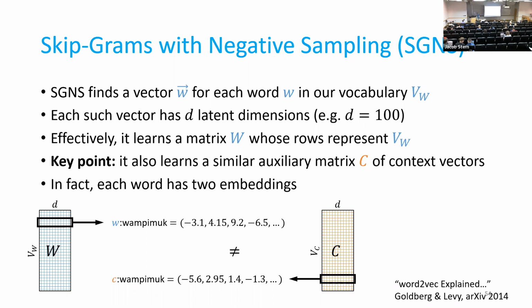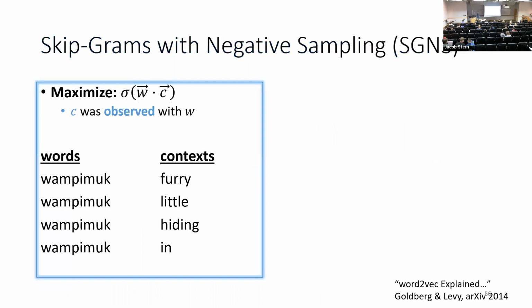And our training objective will be to maximize just a simple sigmoid activation function of the dot product of W with C. So basically, we want each word to be similar to the context where it appears.